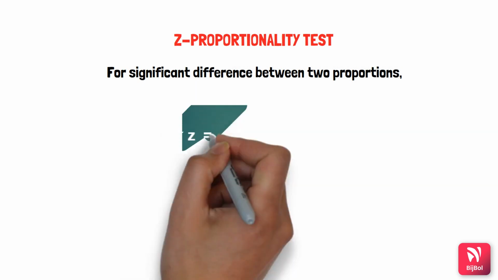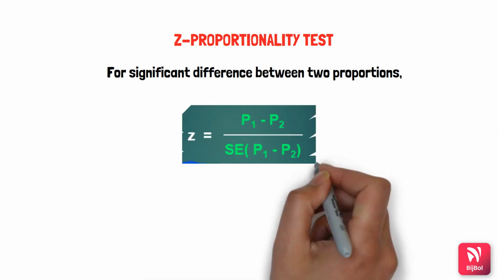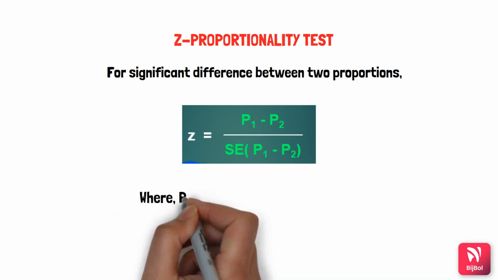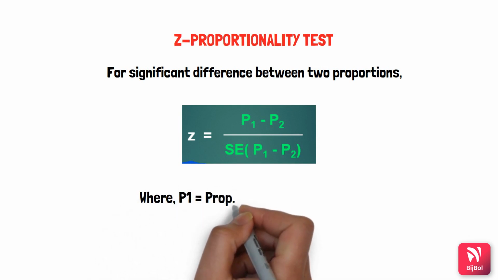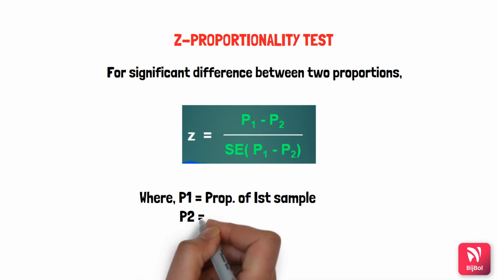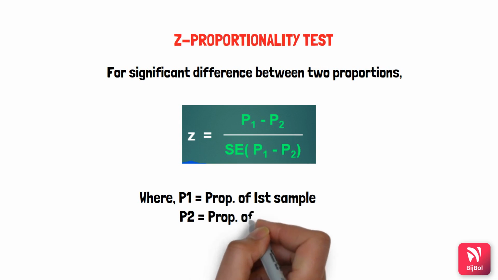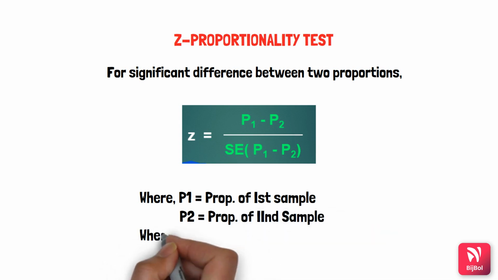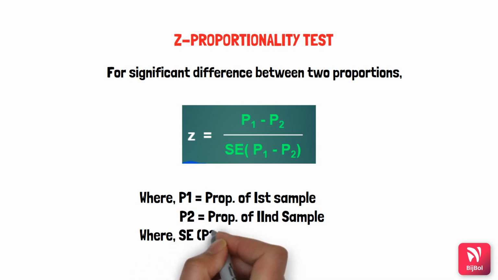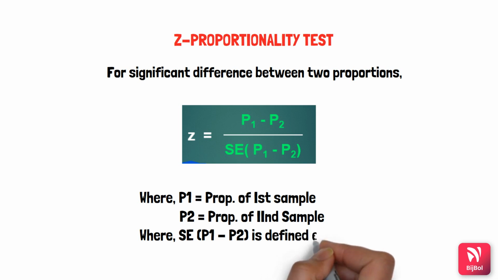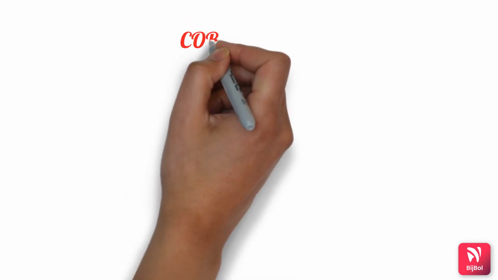It is given by Z equals P1 minus P2 divided by the standard error of P1 minus P2, where P1 is the proportion of the first sample and P2 is the proportion of the second sample, and SE of P1 minus P2 is the standard error of the difference between the two proportions, as seen in the earlier topic.